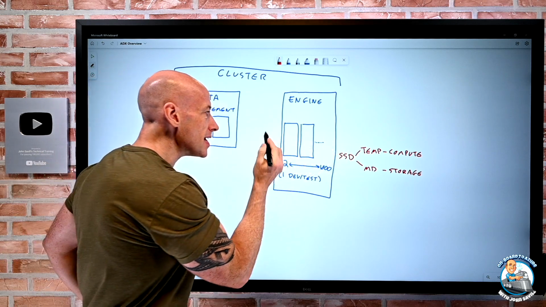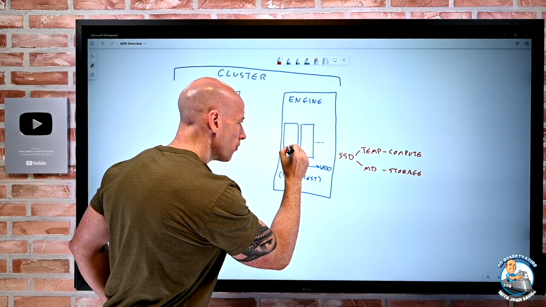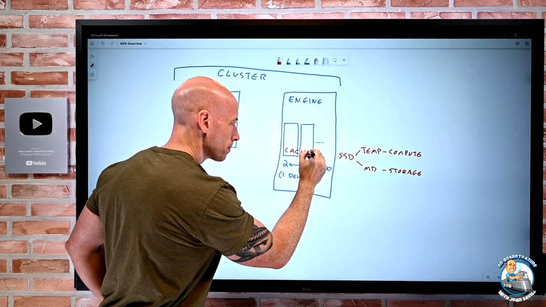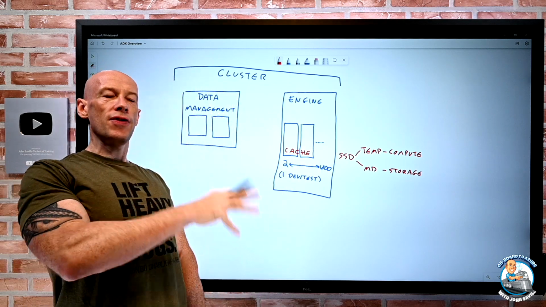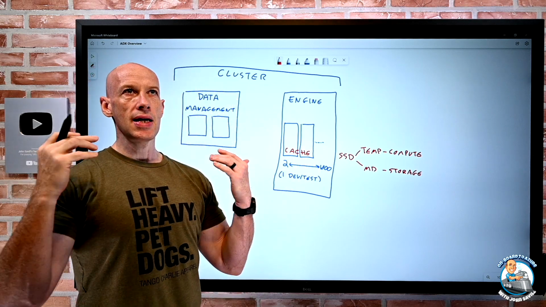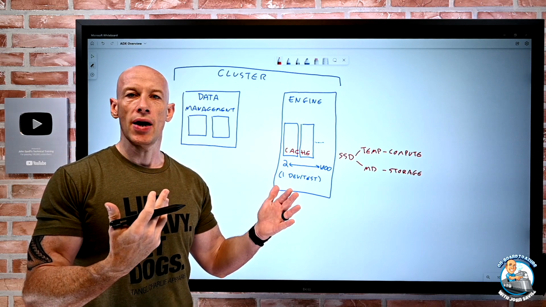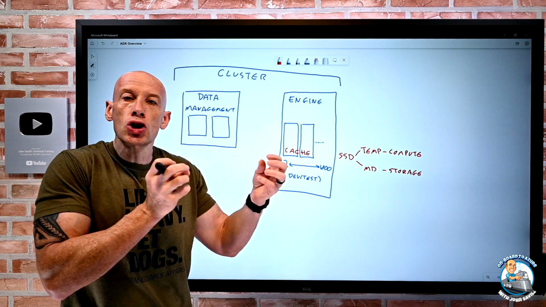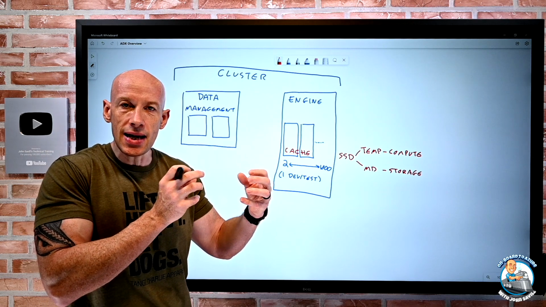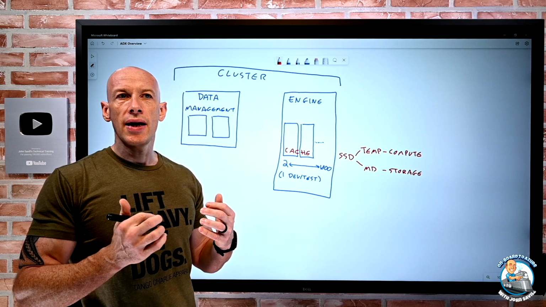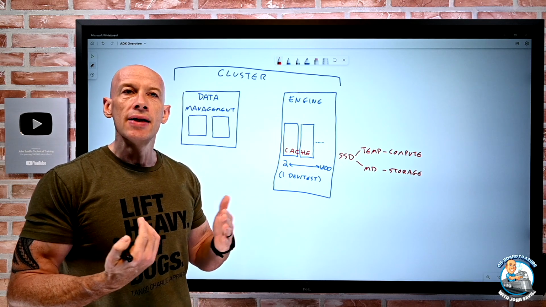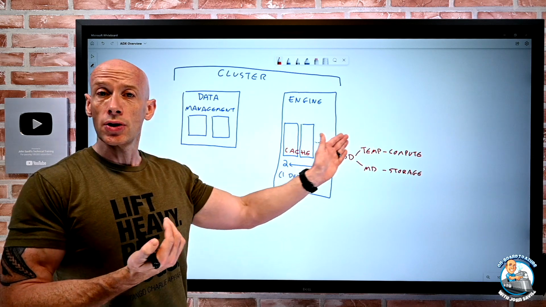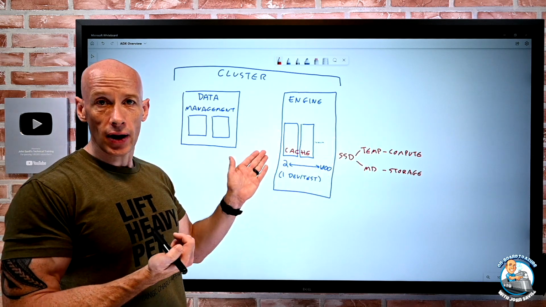Because it's the nodes that are providing the cache. So if I say I need 30 terabytes of hot cache, for example, and each node had 1 terabyte of SSD, well, I need 30 nodes to provide sufficient hot cache.